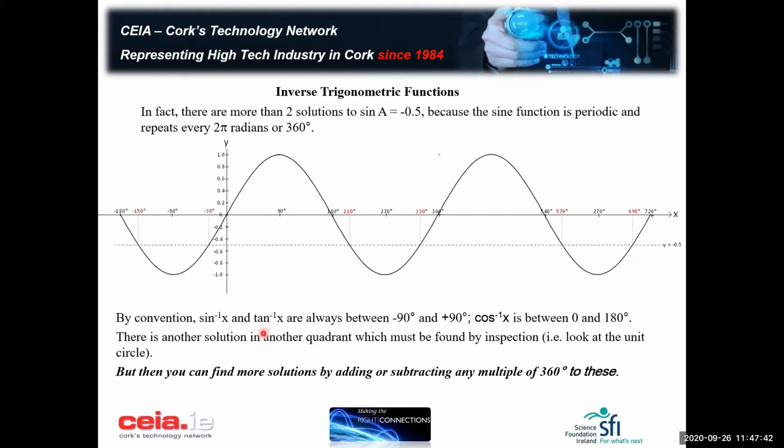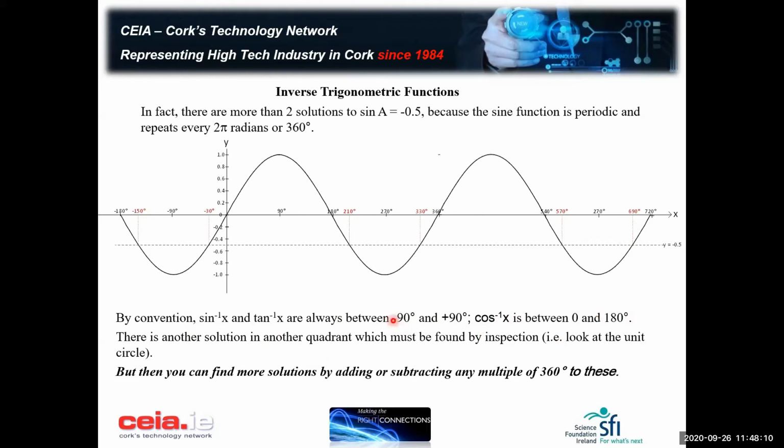Conventionally though, you need to choose one solution because your pocket calculator, for example, will return a single value for inverse sine, inverse cos, inverse tan. And by convention, you choose the first and fourth quadrant for inverse sine and inverse tan, and you choose the first and second quadrant for inverse cosine.